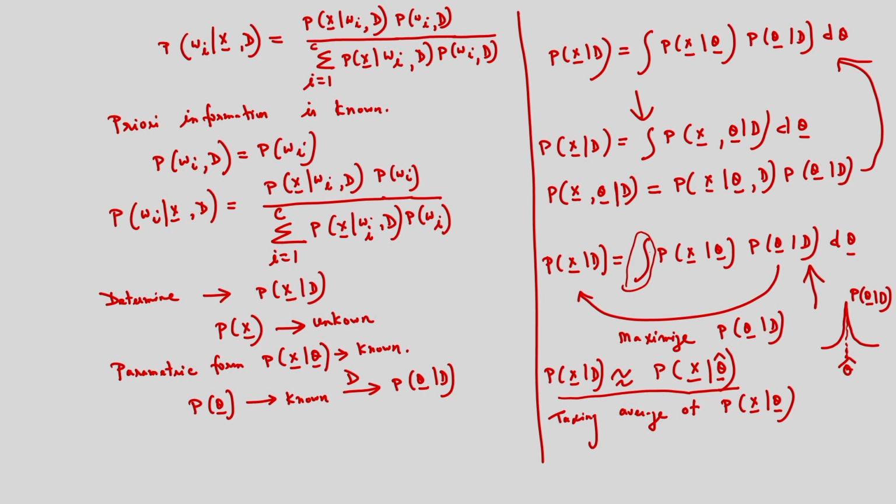So something like the Monte Carlo simulation technique I can use to determine this integration. With the help of the Bayesian estimation I can determine the probability of x given D, and after this I can determine the parameters. The parameter vectors are theta.